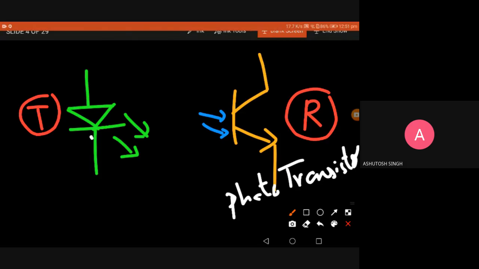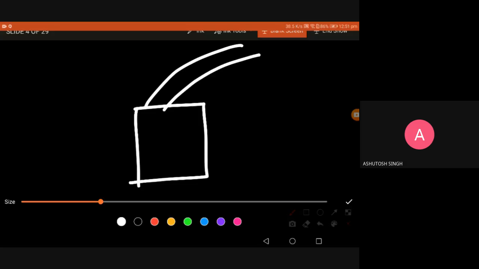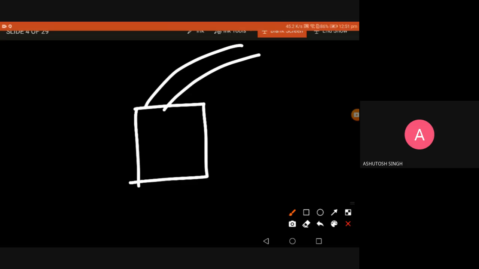So here our assumption is whenever there's a white surface, there is a reflection, and this reflection reaches your phototransistor. The transmitter and receiver are done. Now, if the receiver receives some radiation, the phototransistor gets on. In our application, when I have a path towards the right, which sensor is going to receive the white line first?